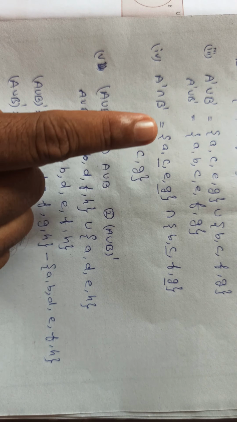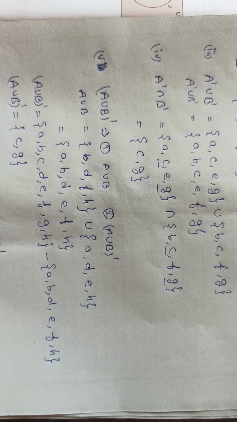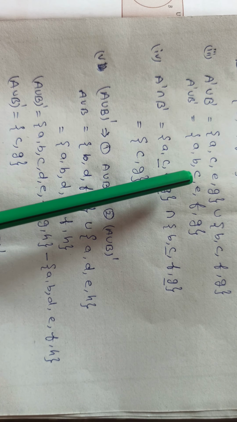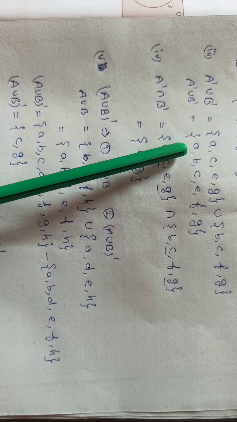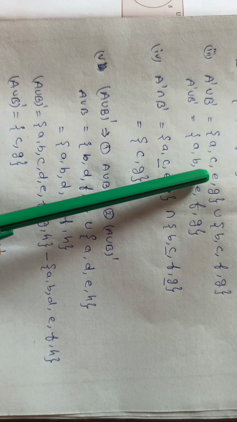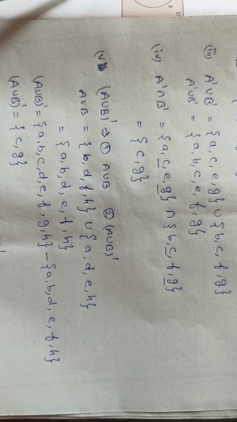For finding A dash union B dash, we write all the elements of A dash union all the elements of B dash. Then when we find the union, we write all the elements, but we do not repeat. A, C, E, G, B, C is being repeated, so it is only once, F, G.